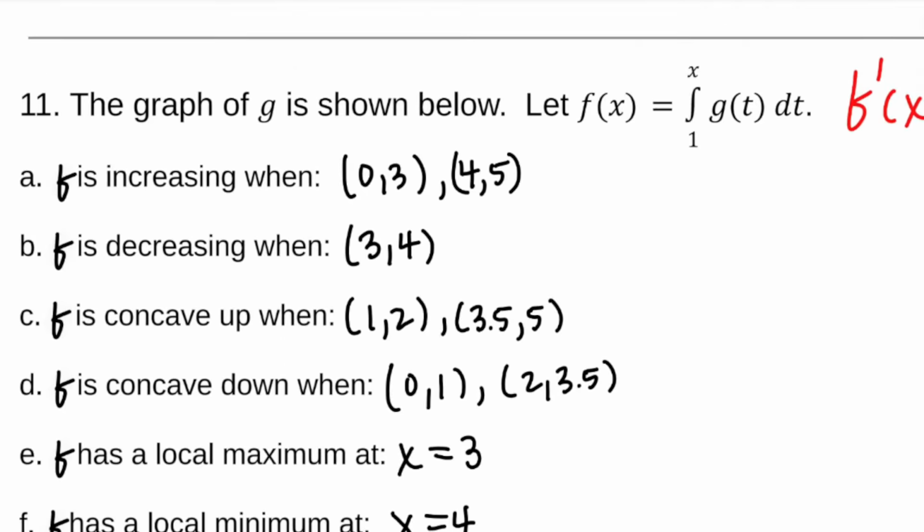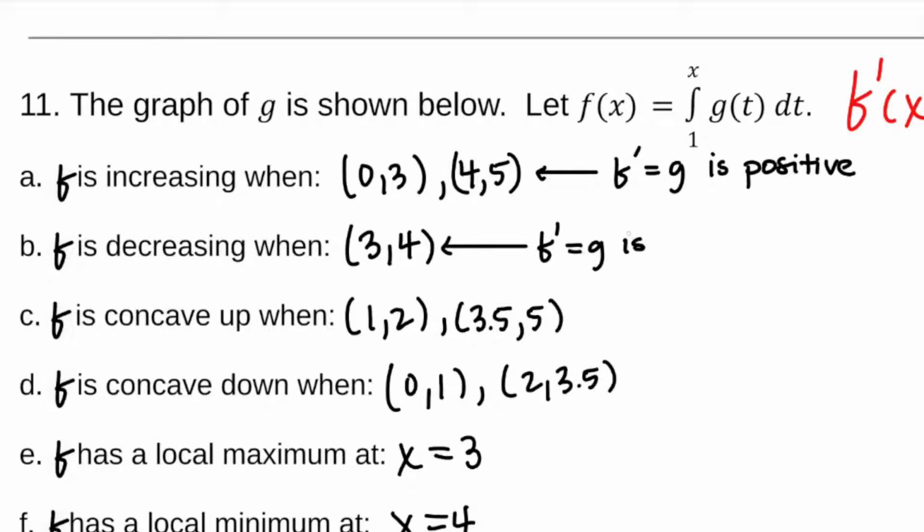Now, if I want to go in and give reasons for my answer, I'm going to say, using the graph that I've got, that's going to be basically f prime, which is g, is positive. Decreasing is where f prime, which I know is equal to g, is negative.